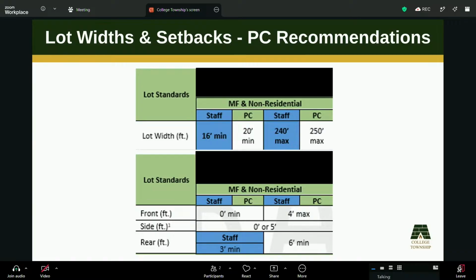Yes, and I think that was part of the discussion. They wanted to broaden that a little bit more so you could build something more reasonable if you did not own the adjoining lots. But we've got some setbacks that are different here, and the maximum lot length is different between the two, but very minimal. I don't think there was a whole lot of reason or back and forth between those.